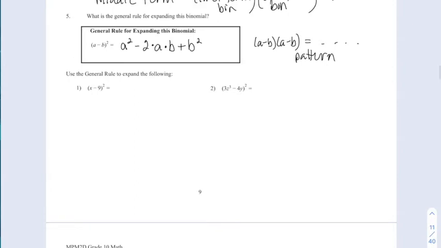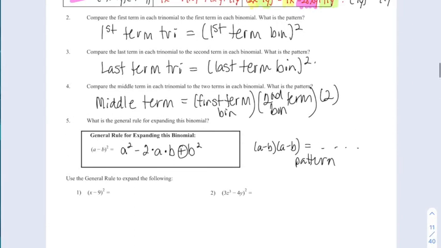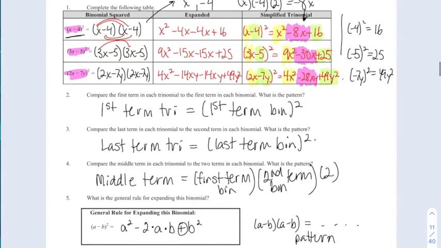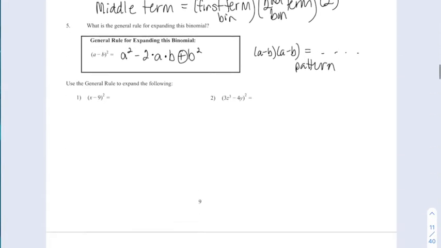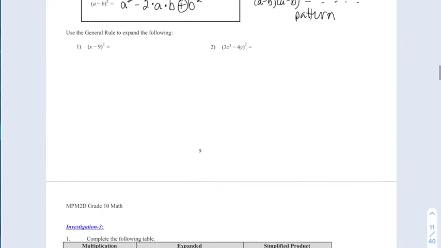And be careful, we know this is a plus because all of these here, even though they're negative, when we raise it to the power of 2, that negative goes away. So our last term in the trinomial will still be positive.